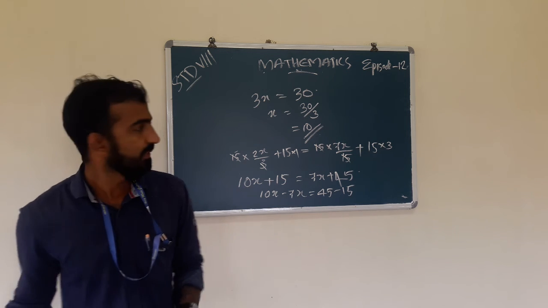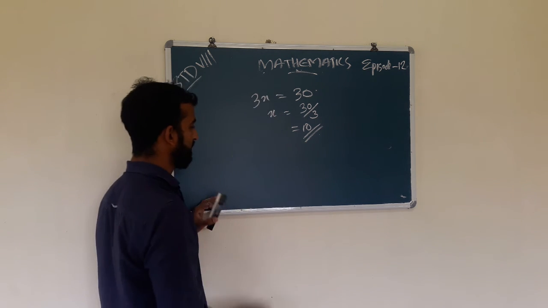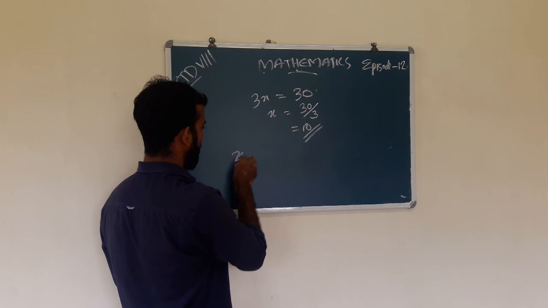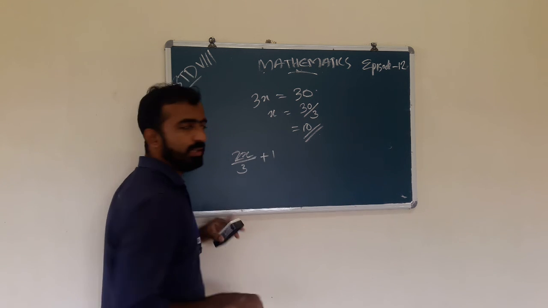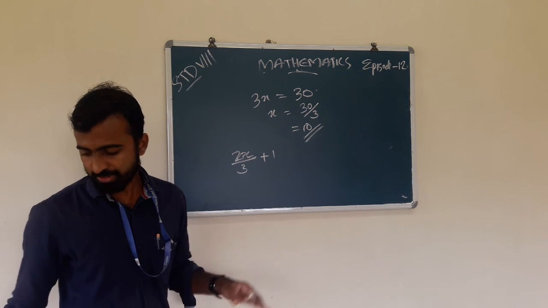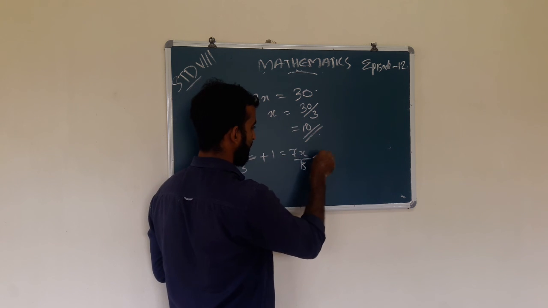When we give 10 as x, then we can write our question: 2x by 3 plus 1 equal to 7x by 15 plus 3.